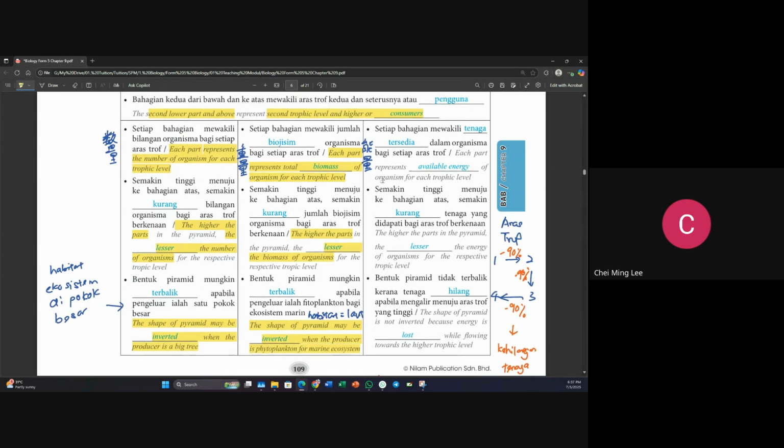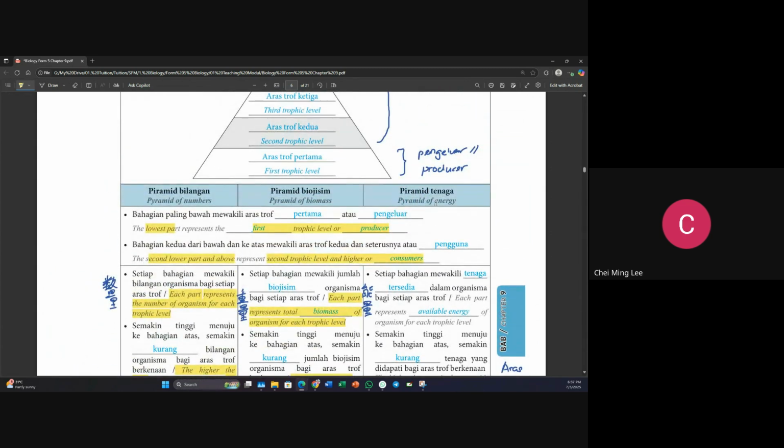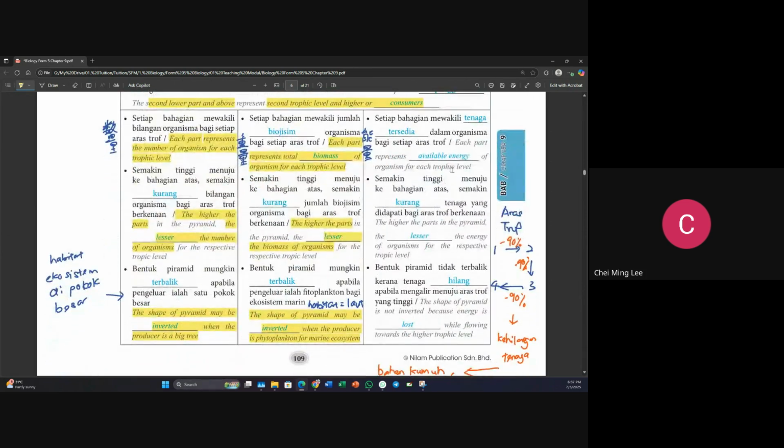Then the last one, pyramid of energy, where each part represents the available energy of the organisms for each trophic level. So the higher the part in the pyramid, the lesser the energy of the organism for that respective trophic level. However, this one, the shape will not be inverted. Why?